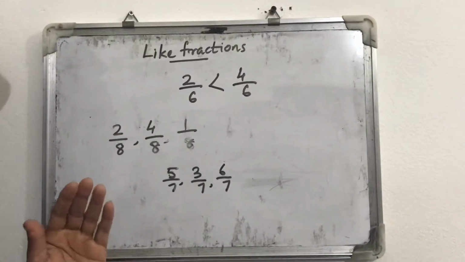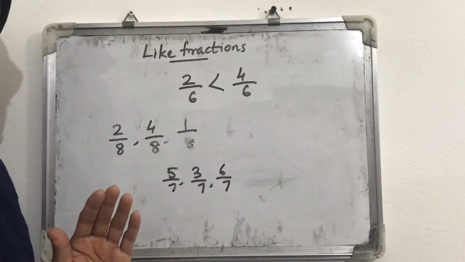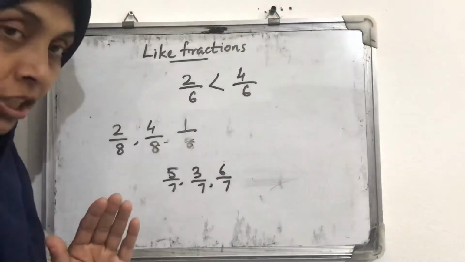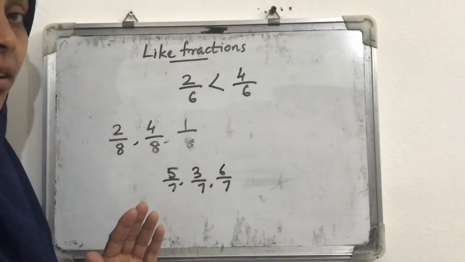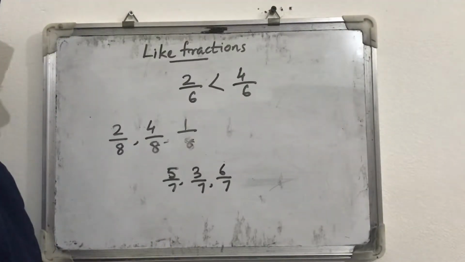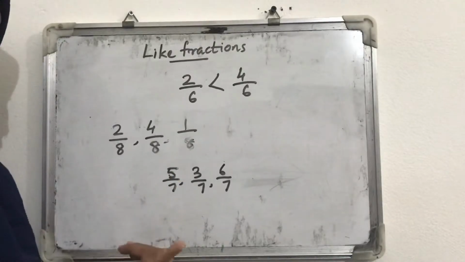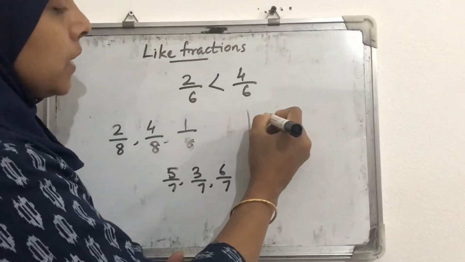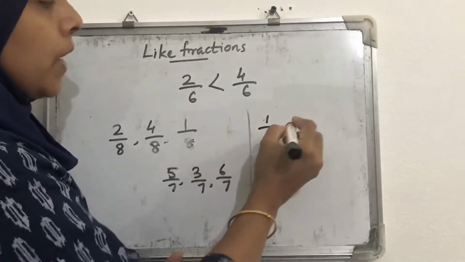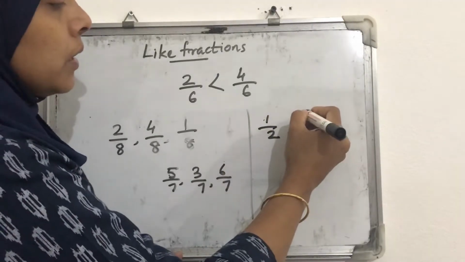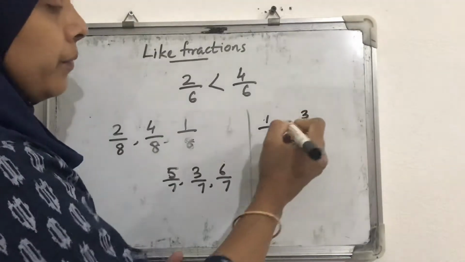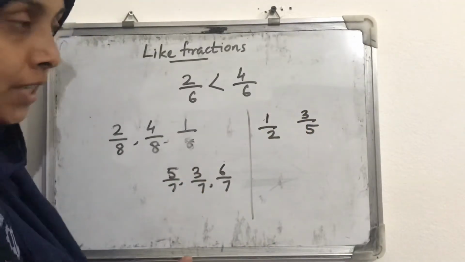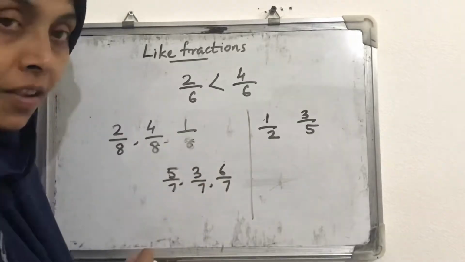Now all of you understood what is meant by like fractions. Fractions with the same denominators are called like fractions. And if the denominators are different, for example one fraction is 1 by 2 and another fraction I write 3 by 5, when we check the denominators they are different.